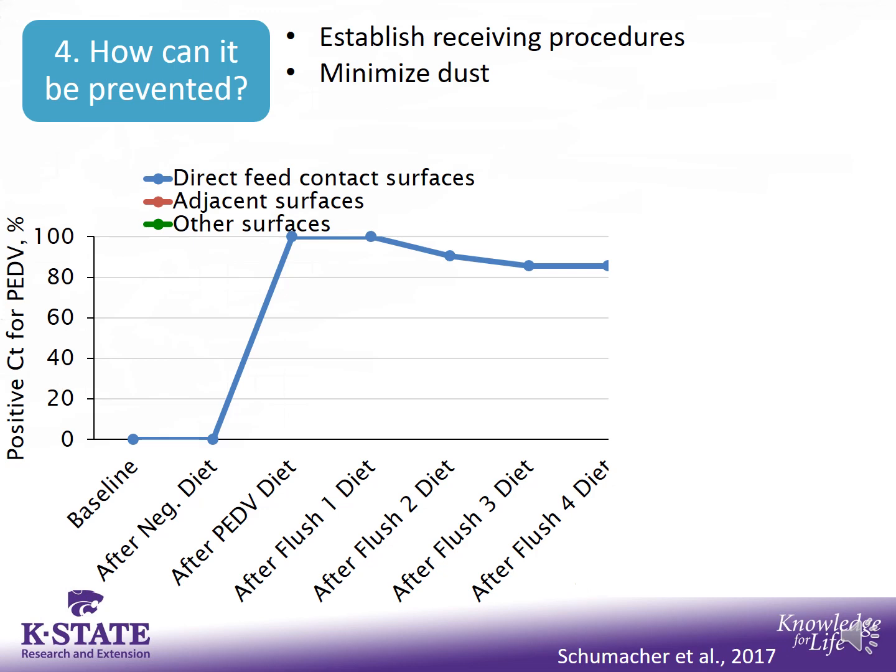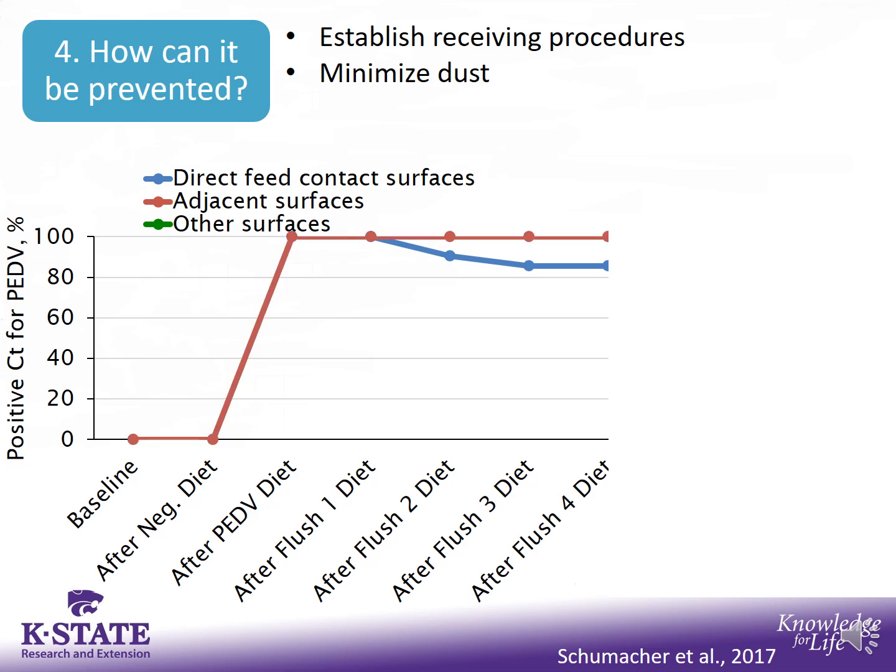In addition to the direct feed contact surfaces, we also took environmental samples of adjacent surfaces, such as those that were nearby but not actually touching the feed. So this would be the outside of conveyors or mixers, the floors and walls nearby where we were doing these activities that had dust that we could see was landing on that surface.